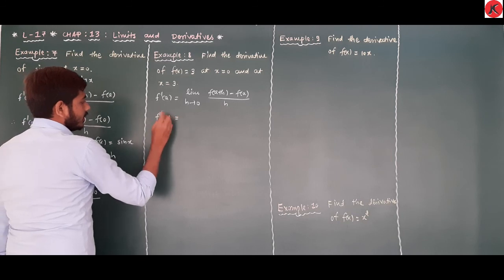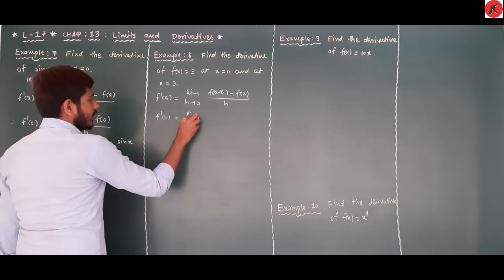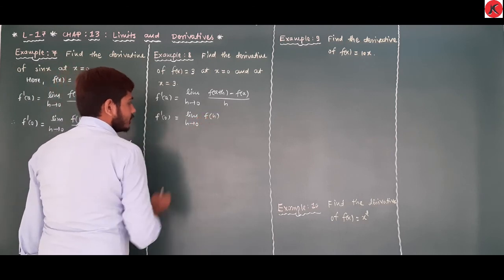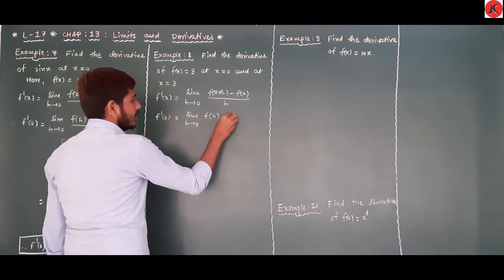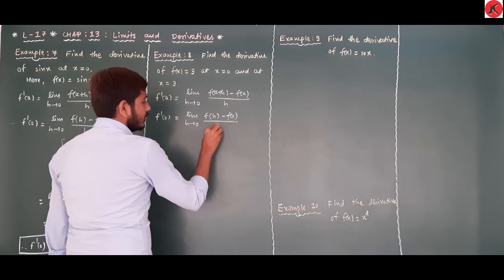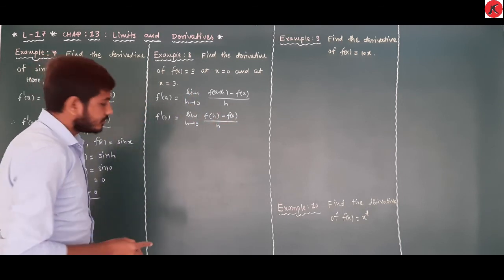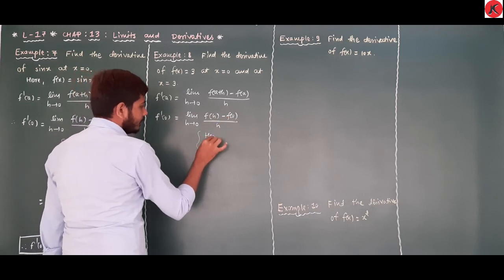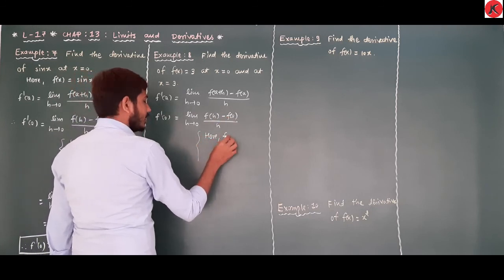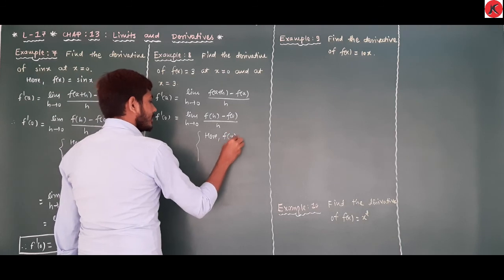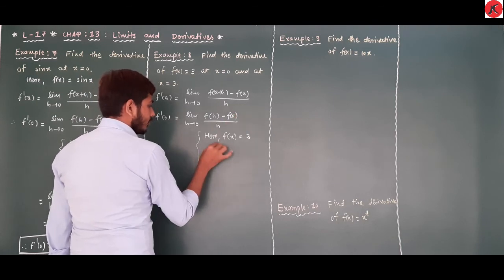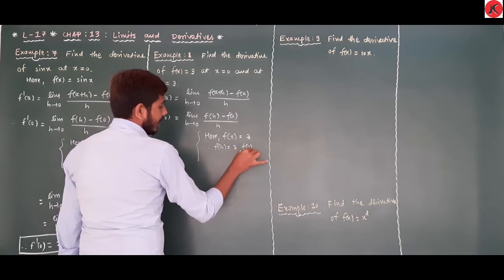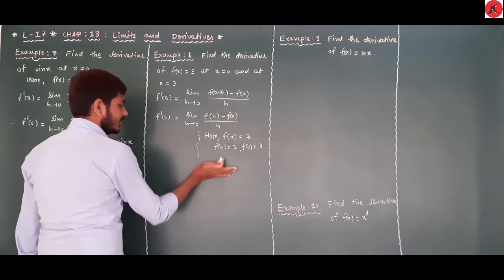That means we will get limit h tends to 0 of f of 0 plus h, means f of h, minus f of 0, divided by h. Now find the value of f of h and f of 0 and put this here. We will get f of x is equals to 3. Therefore f of h is also equals to 3 and f of 0 also 3.